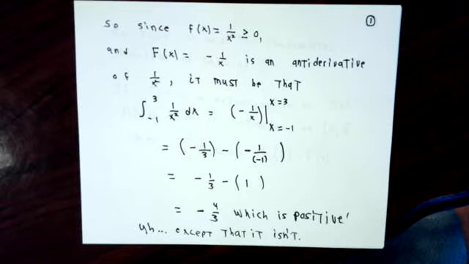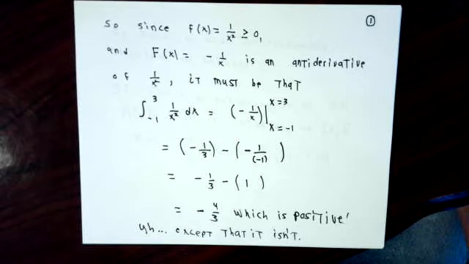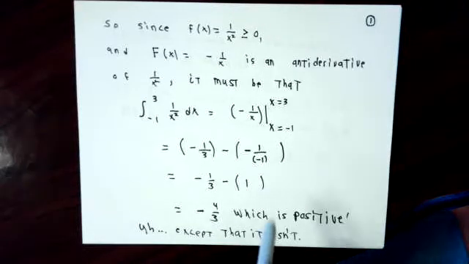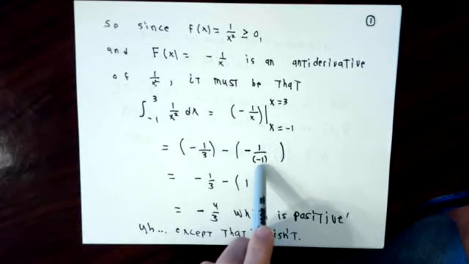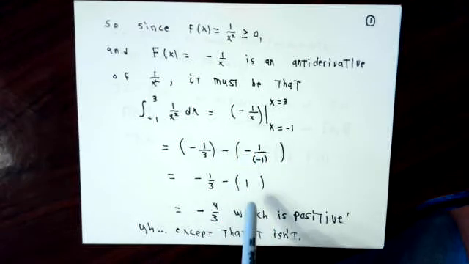When you put x equal 3 into the antiderivative, negative 1 over x, you get negative 1 divided by 3, minus, I'm going to take my antiderivative, negative 1 over x, and stick x equal negative 1 into that. When I do, 1 over negative 1 is negative 1, and the negative of negative 1 is 1.